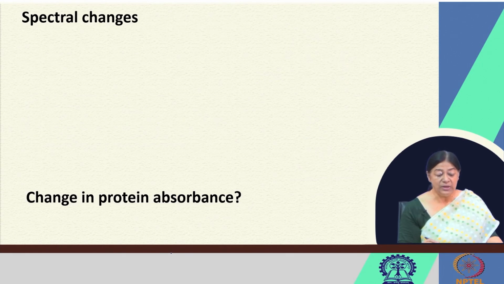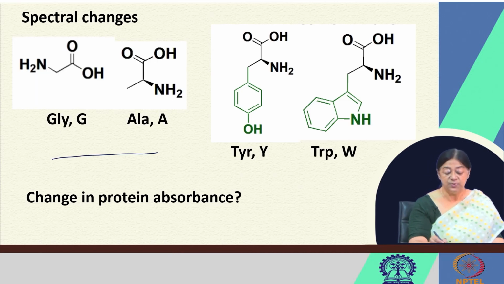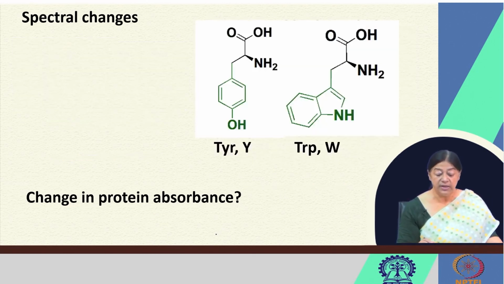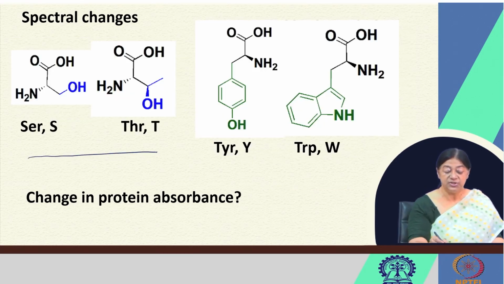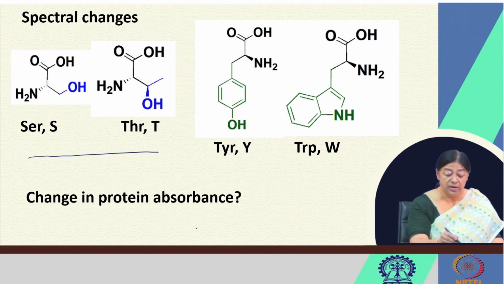So when we look at the spectral changes, we will see whether there are going to be any spectral changes associated with glycine, alanine, tyrosine, tryptophan. So these are what are important in understanding what is occurring in a protein. So when we have changes related to serine and threonine, we know that the interactions are going to be pretty much similar because of the polar possibility of hydrogen bonding.